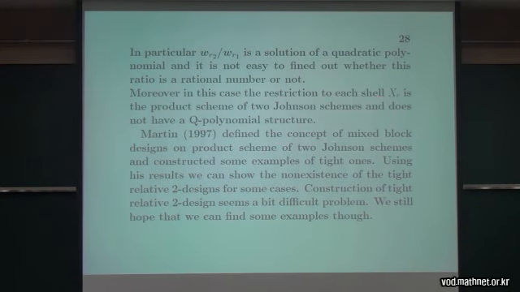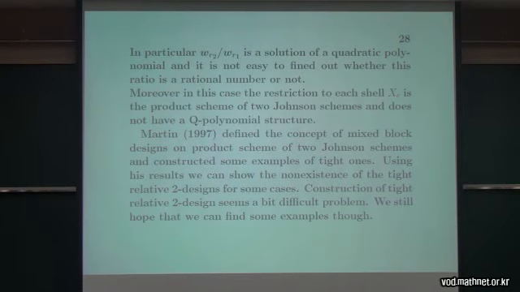For this case, each shell is a product of two Johnson schemes and does not have a Q-polynomial structure. And for the binary Hamming case, each shell has the structure of a Johnson scheme and a Q-polynomial structure. So it is known that if the relative design is defined on each shell, it should be the classical one.